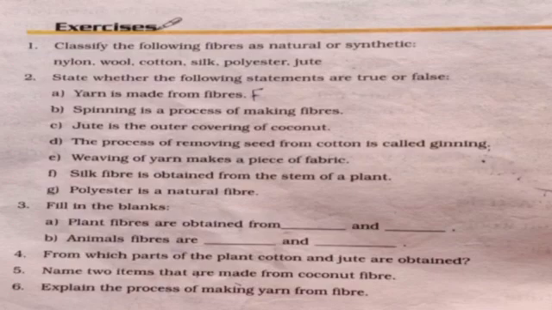Explain the process of making yarn from fiber. So the process by which yarn is obtained from fiber is known as spinning, and in this process fibers from a mass of cotton wool are drawn out and twisted, which brings the fibers together to form a yarn.